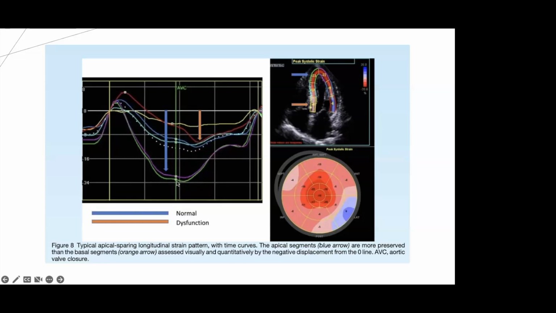So here we see that the apex is moving more, it's normal. Here we see a degree of dysfunction. The software then takes all of these measurements and plots them on a bullseye here, and we see the apical area is quite bright red, and this delineates a normal myocardium, and blue is more so the akinetic or dysfunctional myocardium.